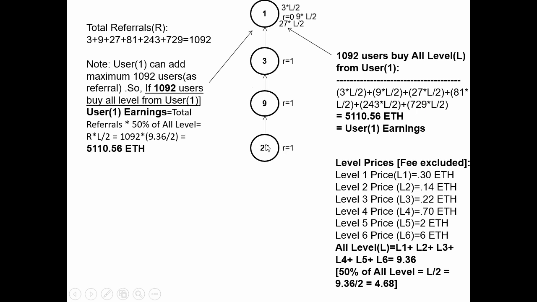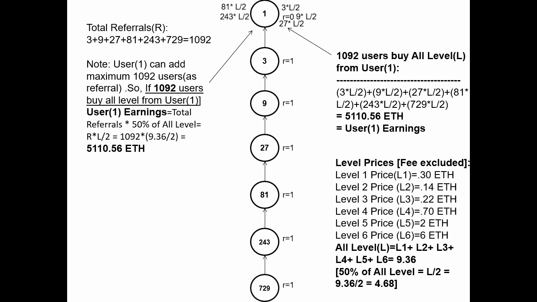So like this way, 3, 9, 27, 81 people buy all levels, and the 50% money will go to user 1. 243, 729 at the last, you can see.